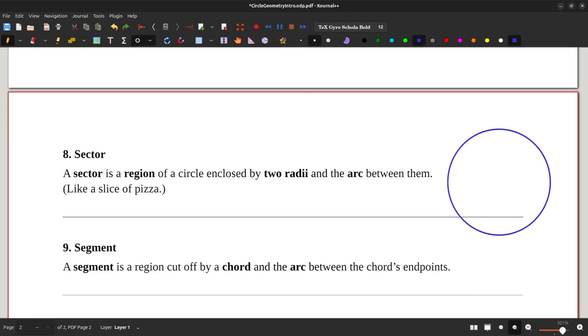And then from there, you draw a radius, a line from the circumference to the center. And then from there, the whole of this region is called a sector because it is enclosed by a radius together with an arc. That is a sector.